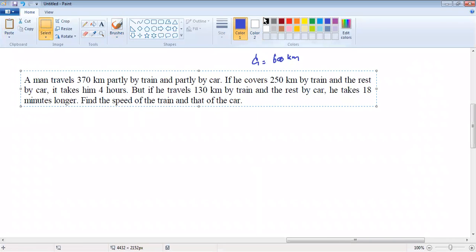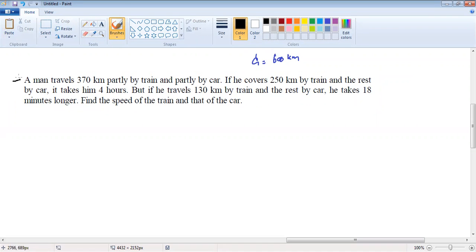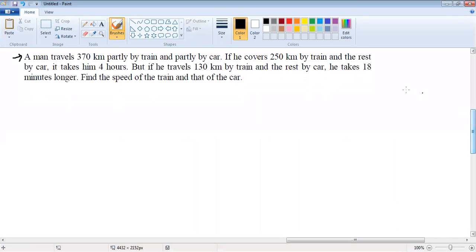Do you know this answer? A man travels 370 kilometers partly by train and partly by car. If he covers 250 kilometers by train and the rest by car, he is moving toward the destination, covering some distance.